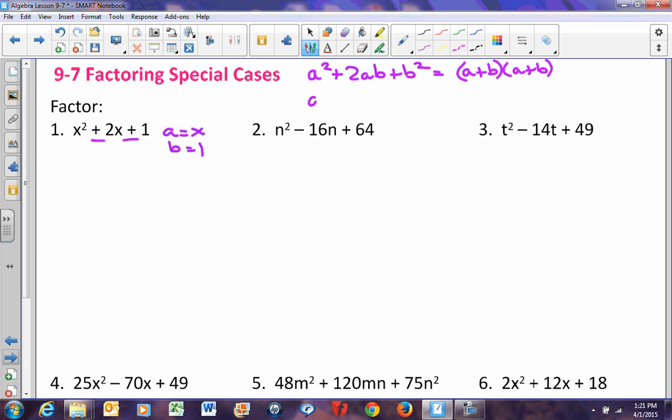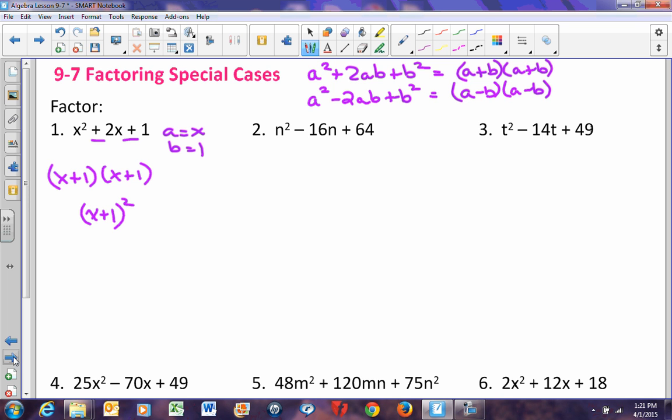And then we have a squared minus 2ab plus b squared, which factors to a minus b times a minus b. Since I know this is a perfect square trinomial, and it happens to be all positive, it's going to be the first formula I wrote down, so it's going to be x plus 1 times x plus 1. Or you could write it as x plus 1 quantity squared, and mean the exact same thing.